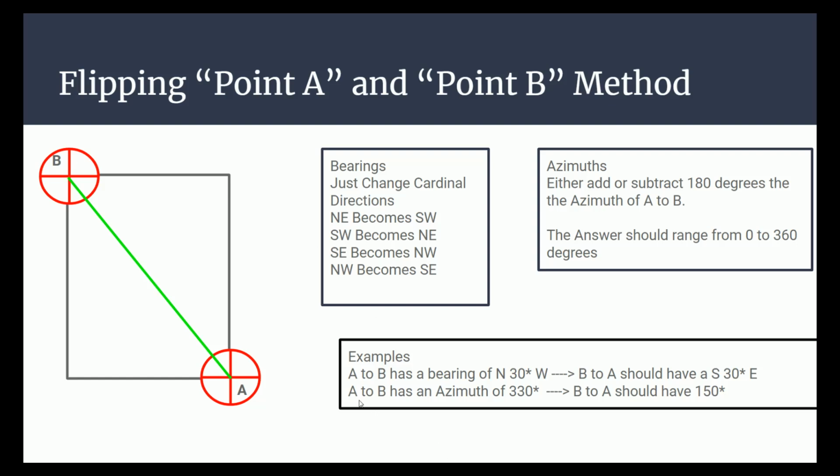So from A to B, it has an azimuth of 330 degrees. We can subtract 180 degrees to get the azimuth from B to A, which is 150 degrees.